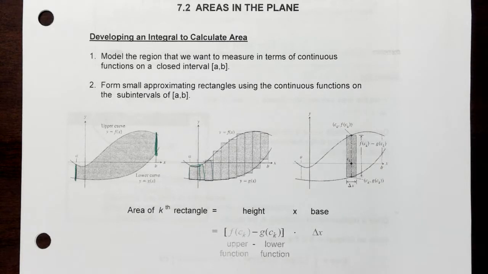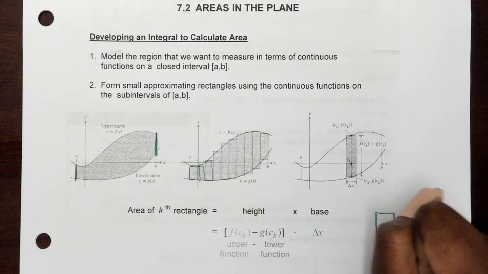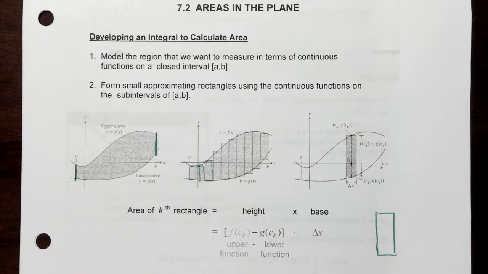So step 2 is to form small approximating rectangles using continuous functions on the subintervals from a to b. Okay, so then we're going to find a way to find the measurements of those rectangles. To find the area of each one, we need a height and a base.